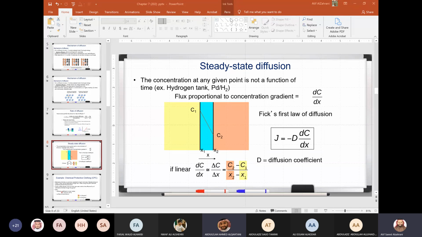Is the D coefficient dependent on the material of the gas, for example in the hydrogen example, or both? It depends on the impurity gas or whatever, and on the host atom. So it's a function of both. We're going to look at it next class.